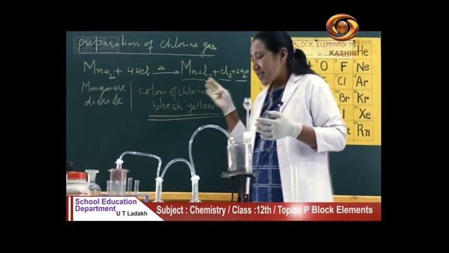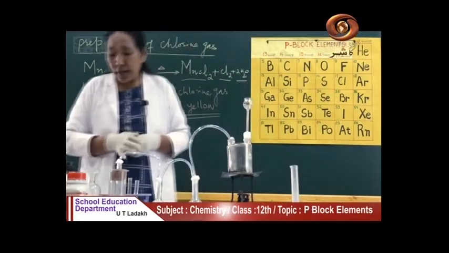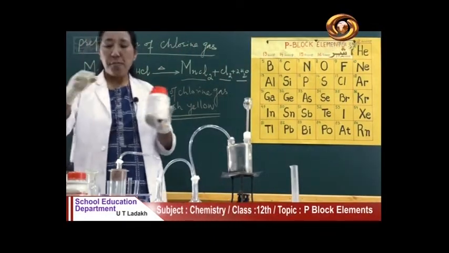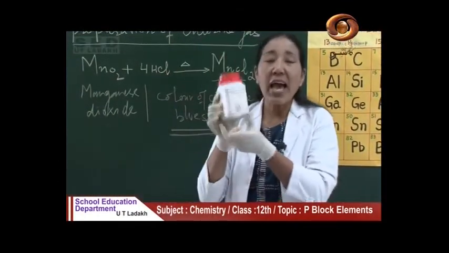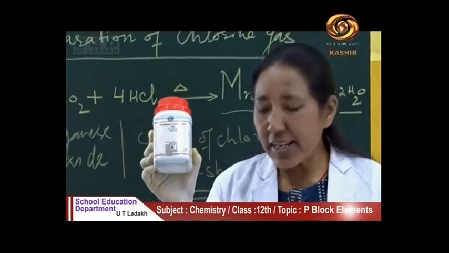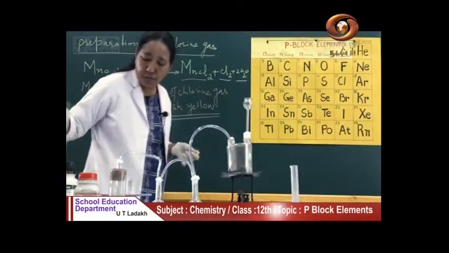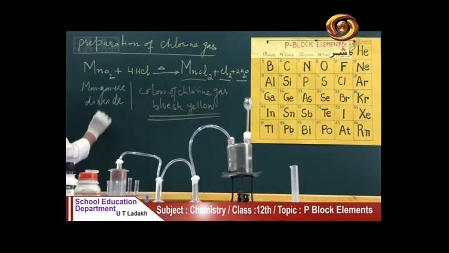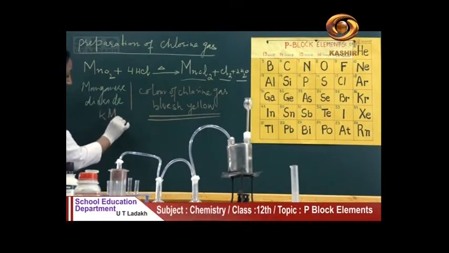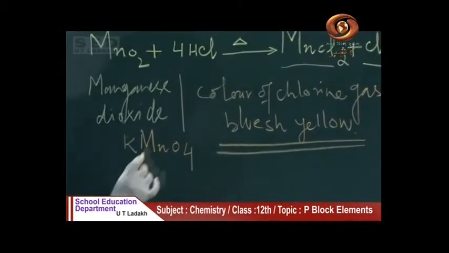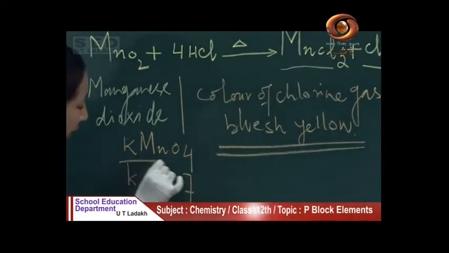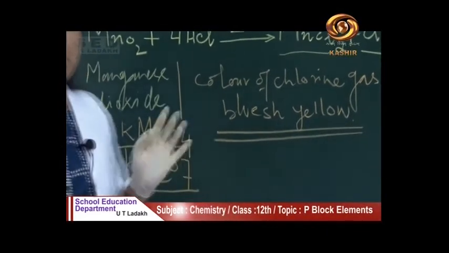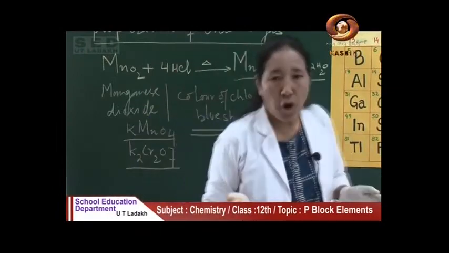Chlorine gas can also be prepared using, instead of manganese dioxide, potassium permanganate, that is KMnO4, and K2Cr2O7. These two chemicals are also used for the preparation of chlorine.